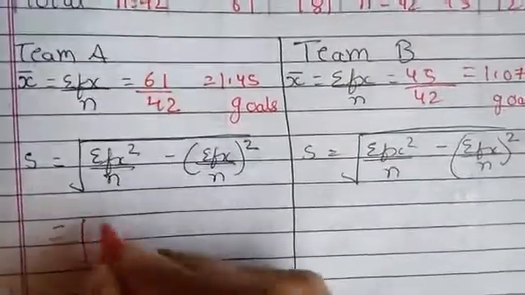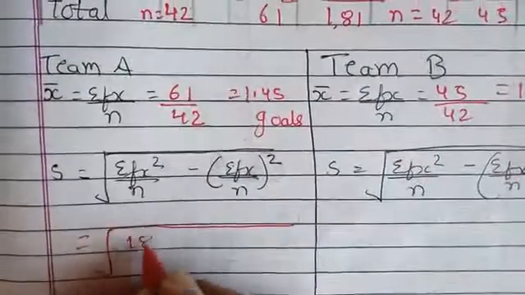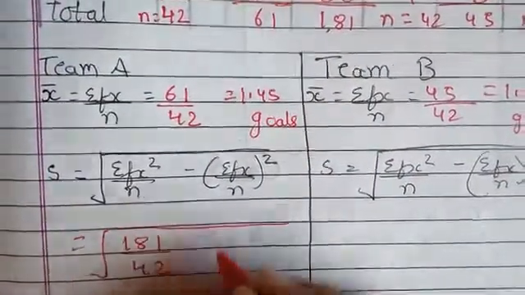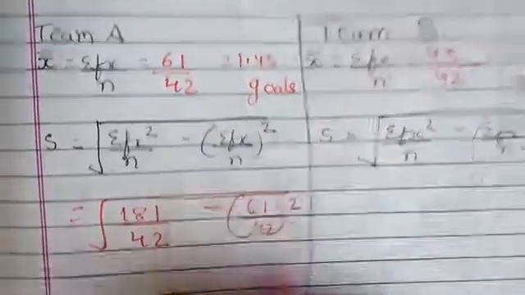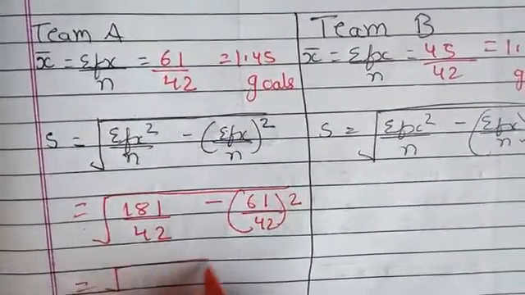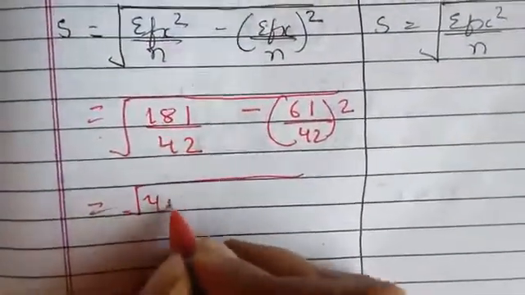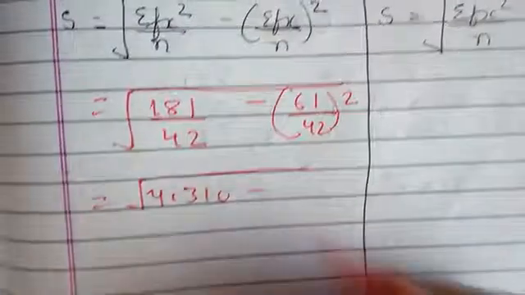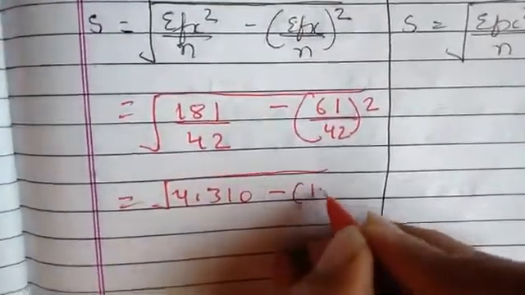We'll find out the standard deviation for team A. So sigma fx square, that is 181, divided by n is 42, minus sigma fx, that is 61, divided by 42 whole square. So 181 divided by 42 is 4.310 minus 61 divided by 42, so 1.45 whole square.